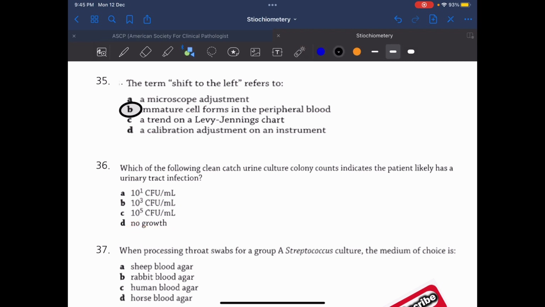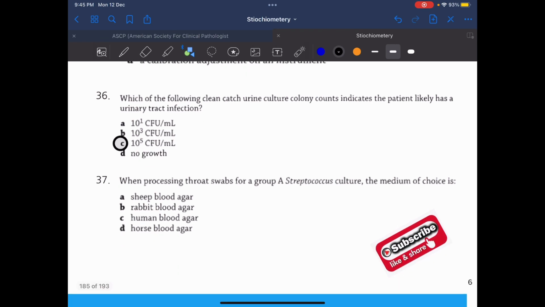The correct answer is C. 10 to the power 5 colony forming units per ml. Question 37. When processing a throat swab for a group A streptococcus culture, the medium of choice is sheep blood agar, rabbit blood agar, human blood agar, horse blood agar. The correct answer is A. Sheep blood agar.